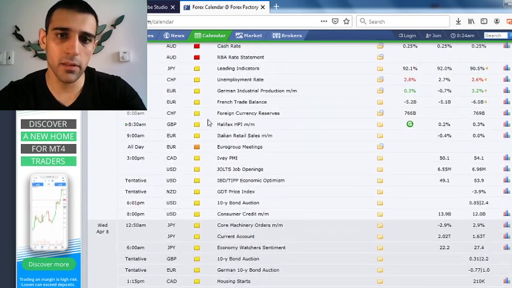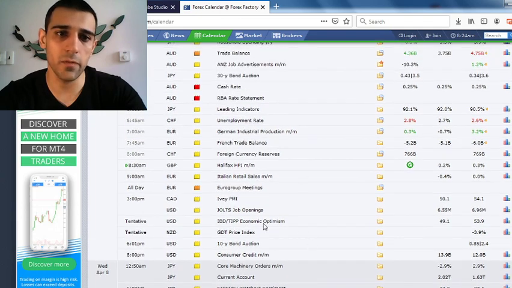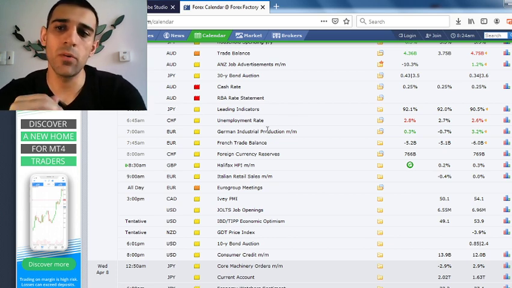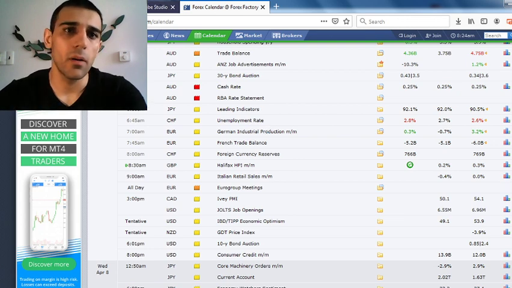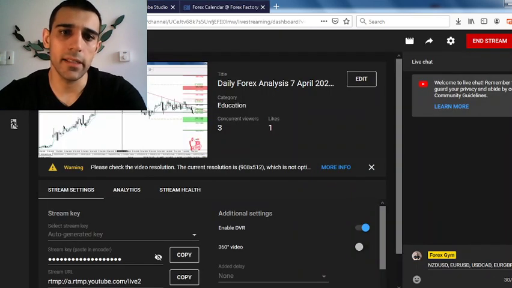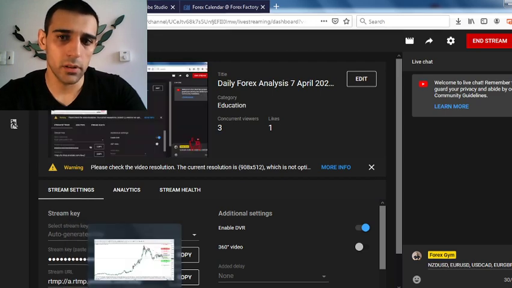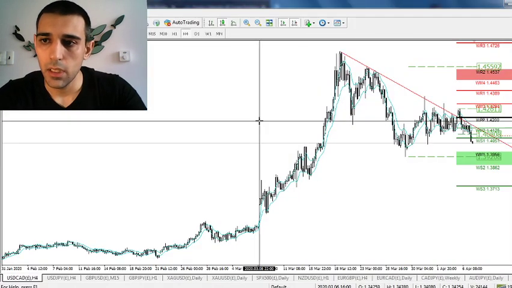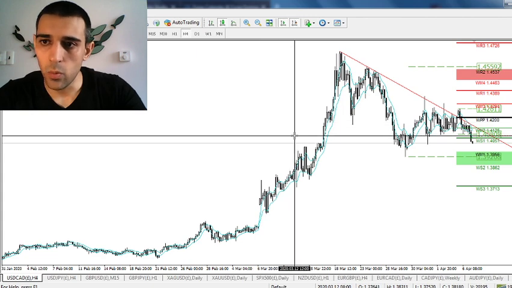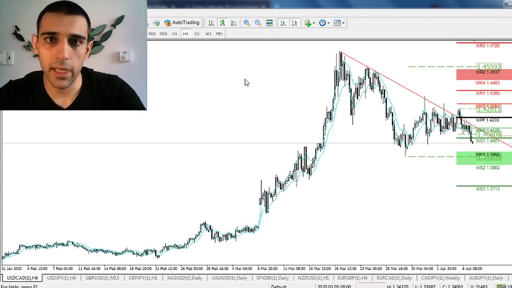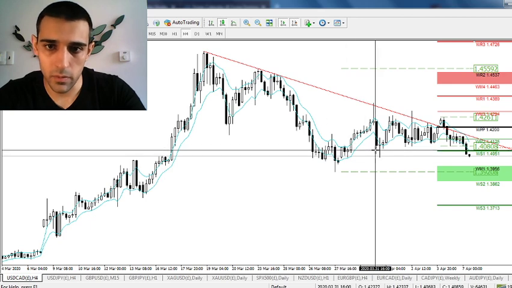Okay, nothing major going on for today, so it's looking clear news-wise. We had the Australian dollar cash rate and RBA rate statement, but other than that, nothing going on for today. Let's have a look back. So this is the 140.40 for the entry, and let's have a look at the stop loss.